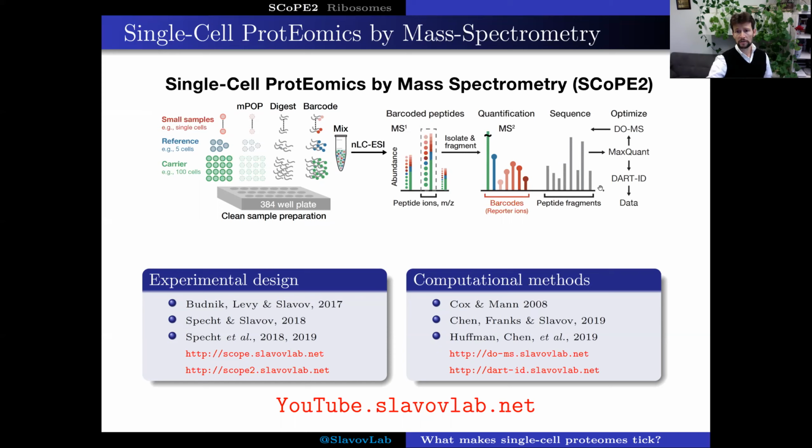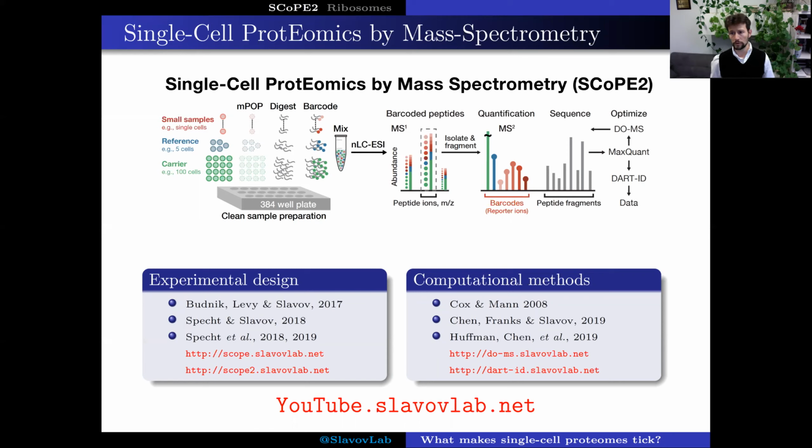I'll also mention that this type of approach requires substantial developments on the side of data analysis and interpretation, and my group has developed such tools. For example, a graduate student, Gray Huffman, developed DoMS, which stands for Data-Driven Optimization of Mass Spectrometry Methods.